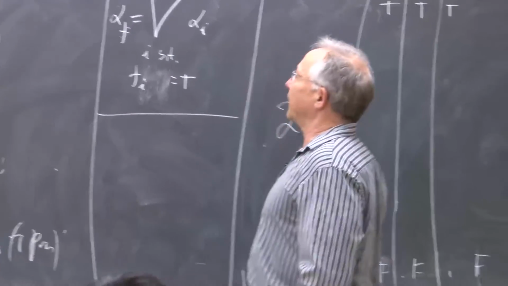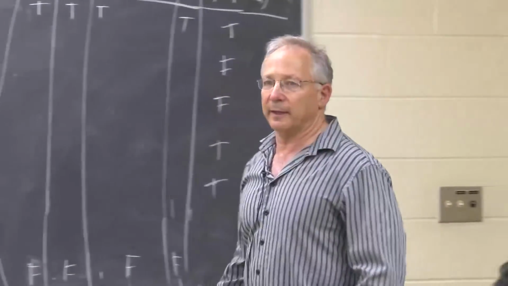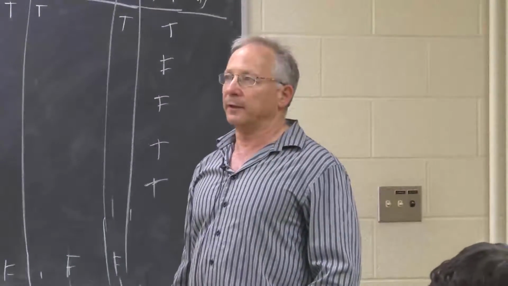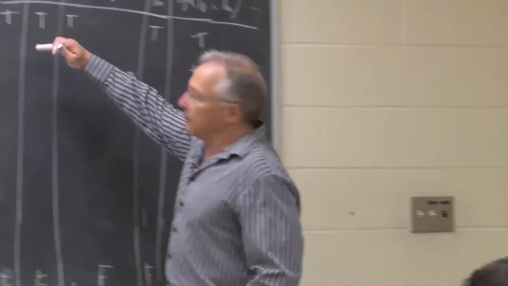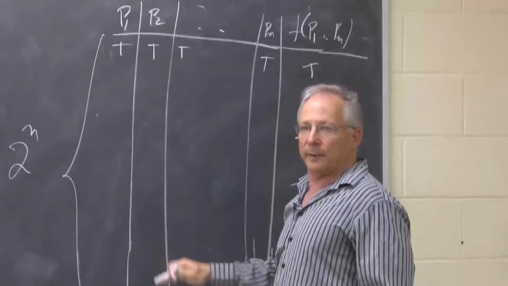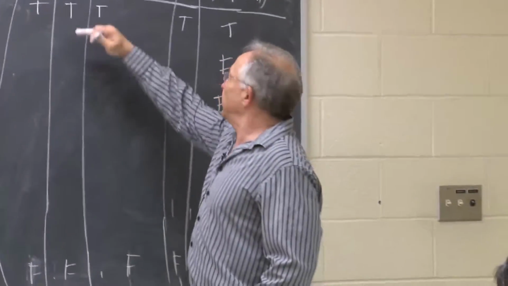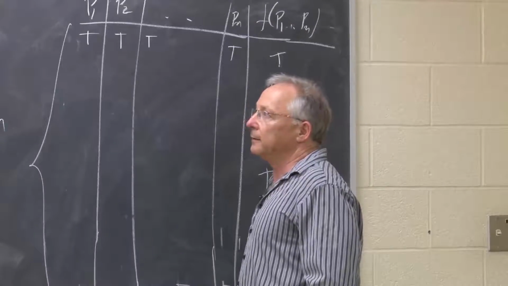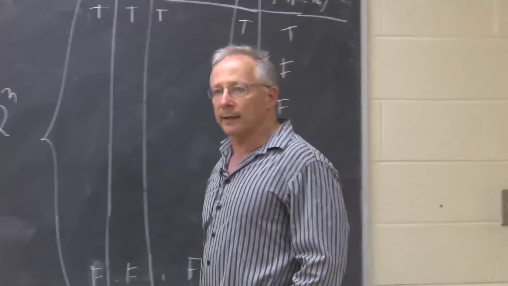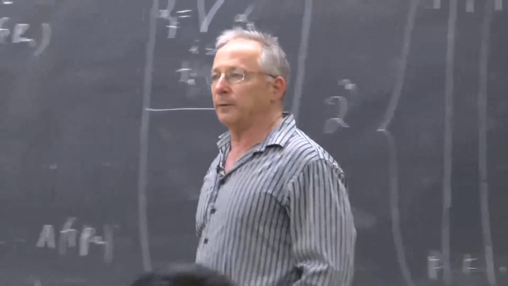But we don't have time, so you can think about it, and I'll go over it again when we meet on Thursday, because we ran out of time. So I'll just describe every row by a monomial, and then take the OR over all rows that compute to T.